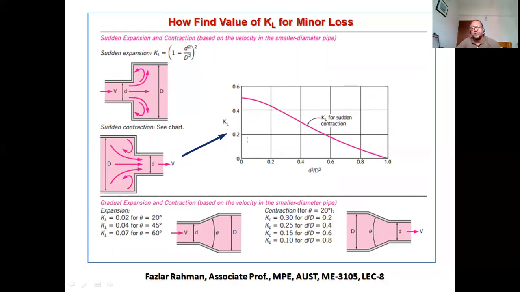In that case, you need to use this chart. So in the chart, you see the value of d square, smaller diameter pipe divided by bigger diameter pipe, then you go upward. And if it's 0.4, from 0.4, you go to the left side, you'll get the value of KL.